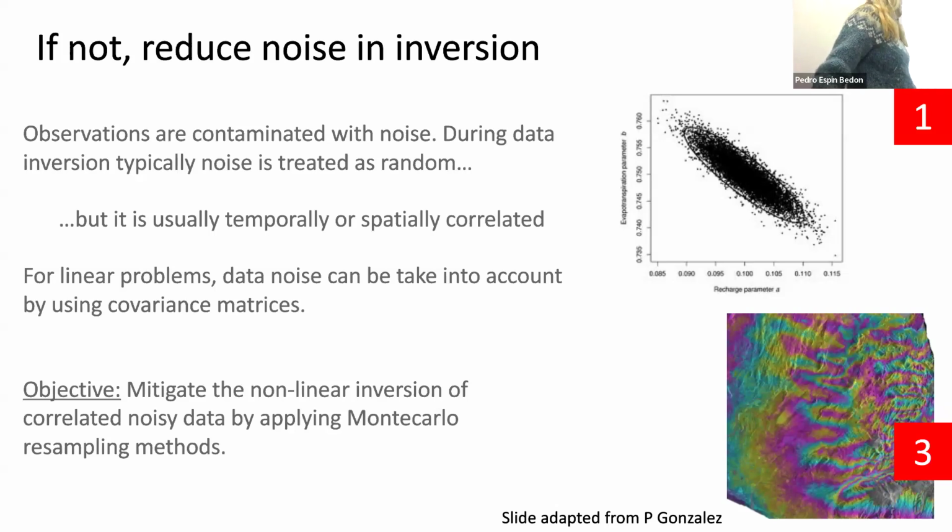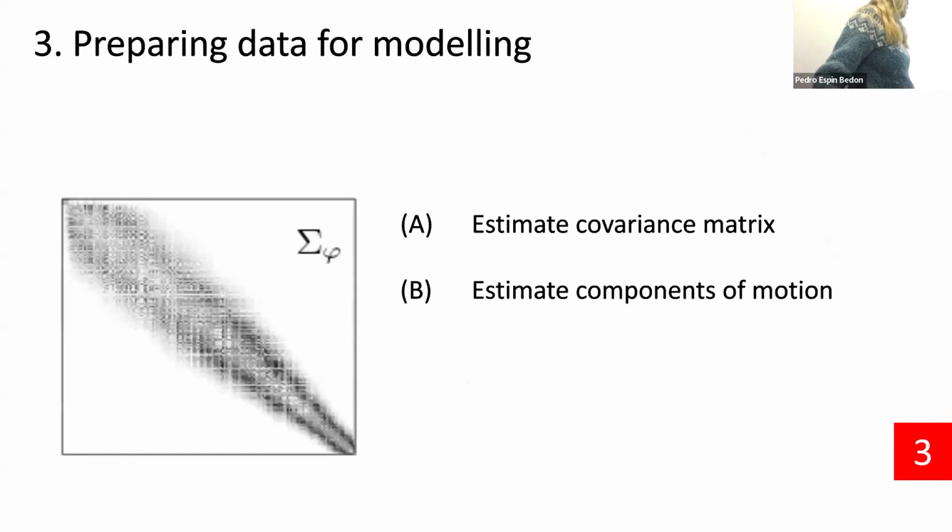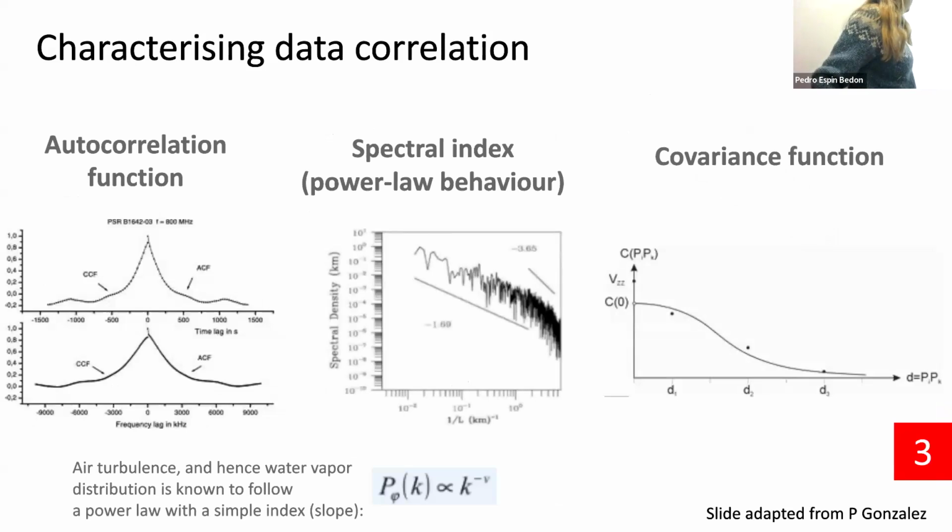For a nonlinear inversion, you can apply a kind of Monte Carlo resampling approach. You can estimate the covariance matrix and then estimate the components of motion from that. This is what a covariance matrix would look like. There are a few ways you can do that: you can use an autocorrelation function for the interferogram, look at spectral index power law behavior, or use a covariance function, as you can see at the end.